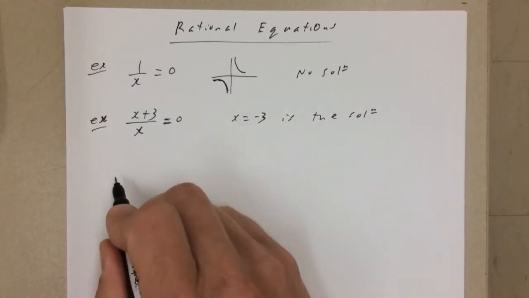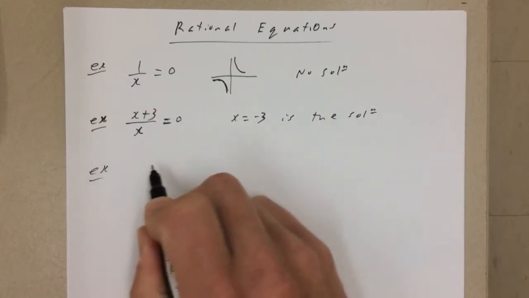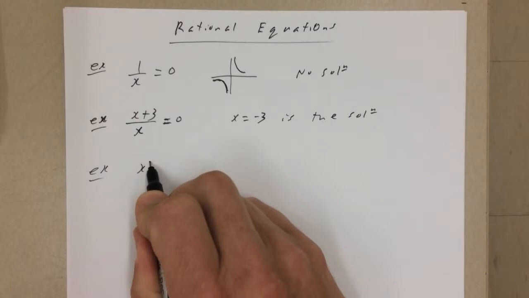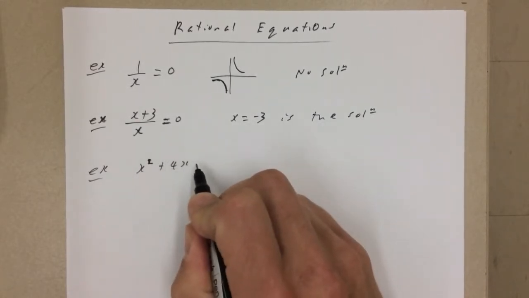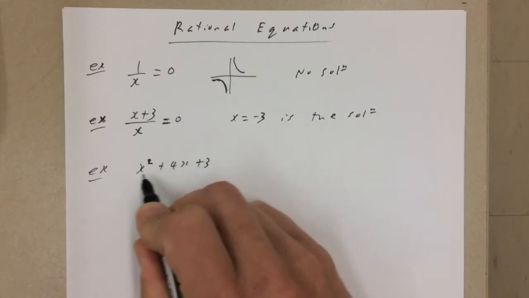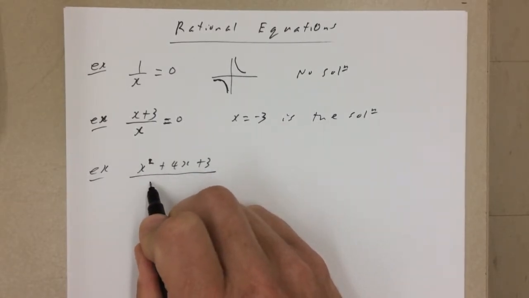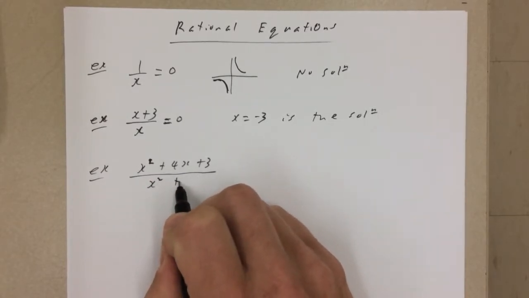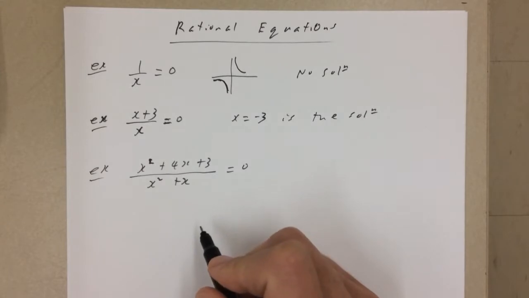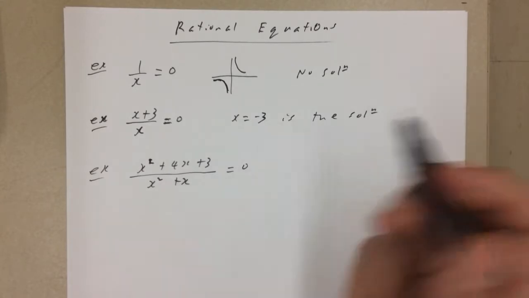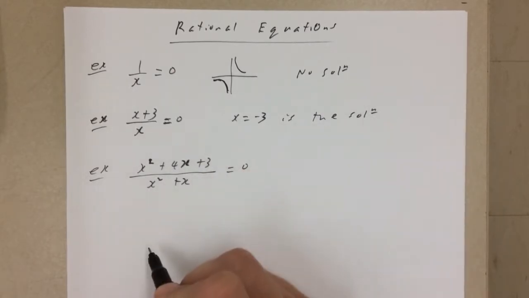If we had something like x squared plus 4x plus 3 all over x squared plus x equal to 0, the first thing to do is find out when the numerator equals 0.